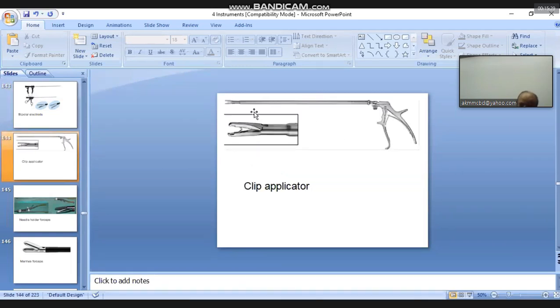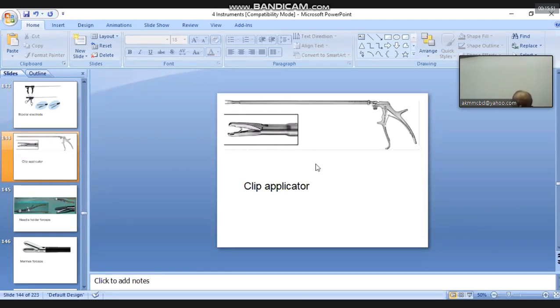And this is a clip applicator. You see there is a clip inside, and we use this clip to seal vessels or a duct, such as cystic duct, cystic vessels, or any other vessels or duct.